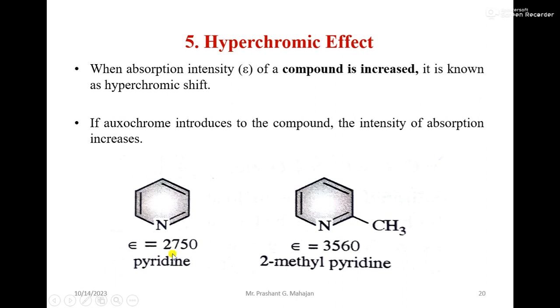You can see in case of pyridine, the epsilon value is 2750, but when we attach a methyl group at the 2 position, that epsilon value or absorption intensity is increased to 3560. So that is called hyperchromic effect or hyperchromic shift.